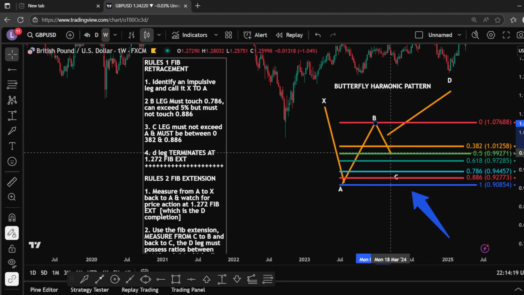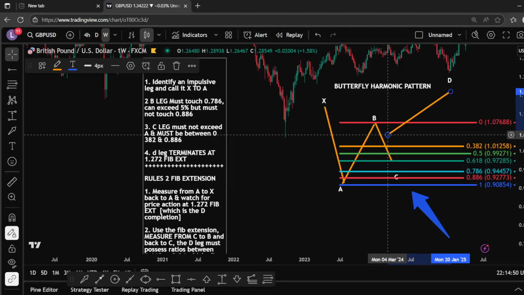It can exceed 0.382, 0.5, 0.618, 0.786, 0.886, but must not go below the A. I hope that makes sense. So this leg here must touch 0.382 to be a valid pattern, but must not close below A. So that is the C leg.